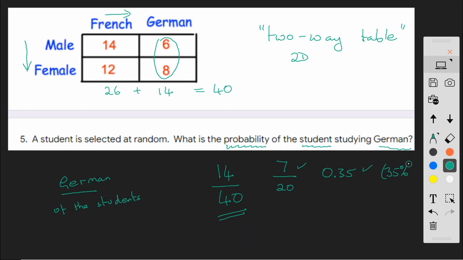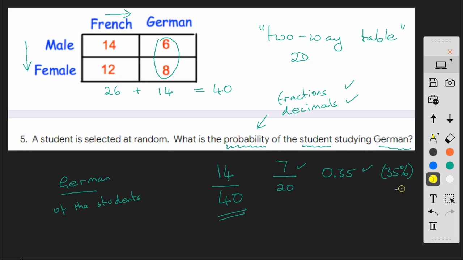Now, yes, but not really. Can we make sure that if we're doing probabilities, can we just try and stick to fractions or decimals, please? Okay. So there we have a range of answers, 14 out of 40, 7 out of 20, 0.35, all of which are equal to one another.